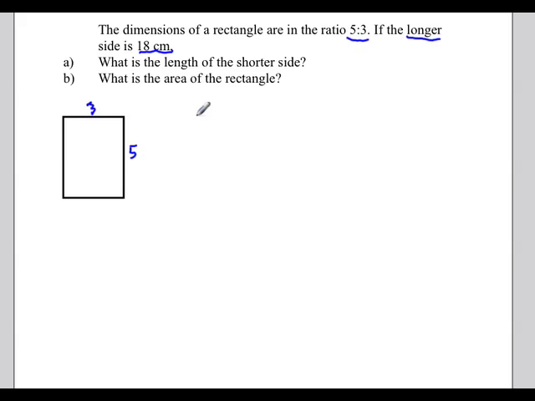And so what we're going to do first off is let x represent, and let's use something different because we're trying to find the length of the shorter side. So we're going to say let w represent the width.